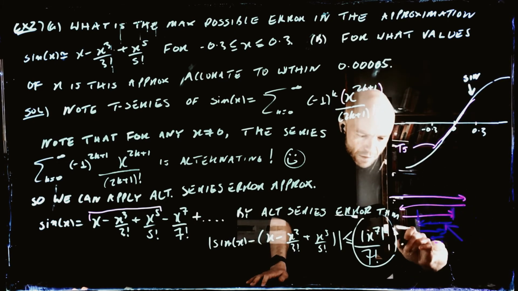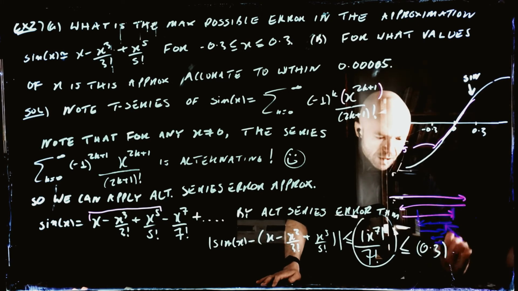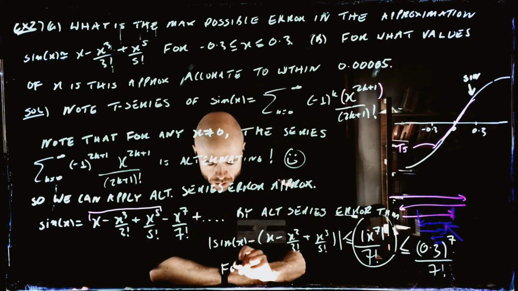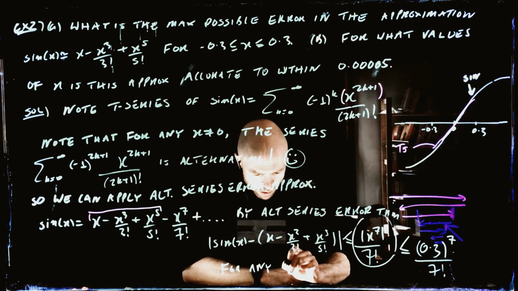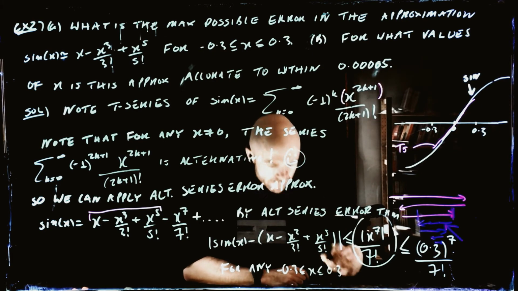So this thing is less than 0.3 to the power 7 over 7 factorial for any x between minus 0.3 and 0.3, right?